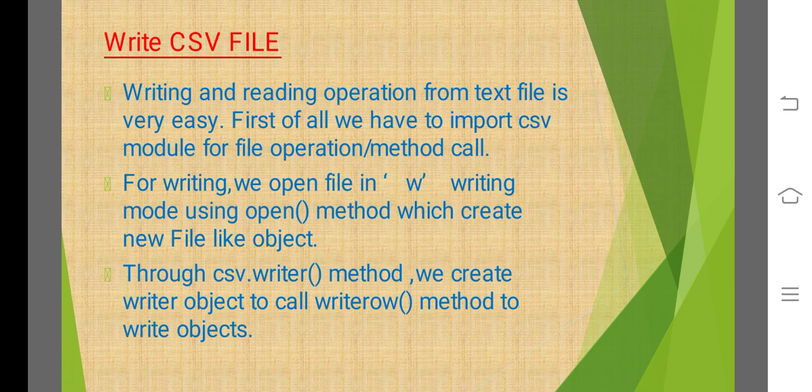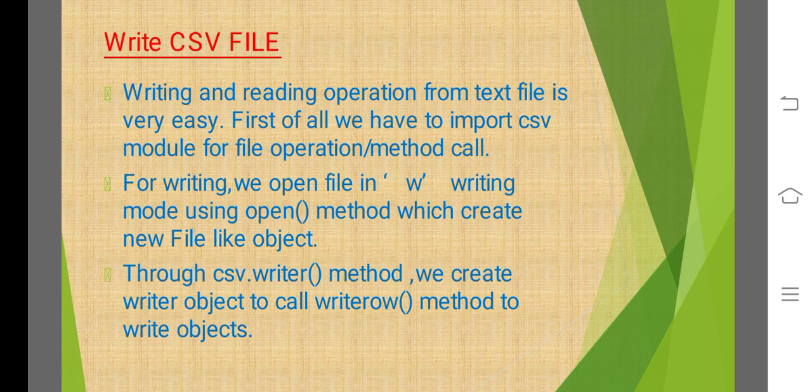csv.writer is used to write all the content that we have to write. One more function is writerow, and the third function is known as writerows. csv.writer returns an object which writes data into the CSV file. Like the read function reads the contents of the CSV file, similarly write returns a writer object which writes the data into the CSV file.